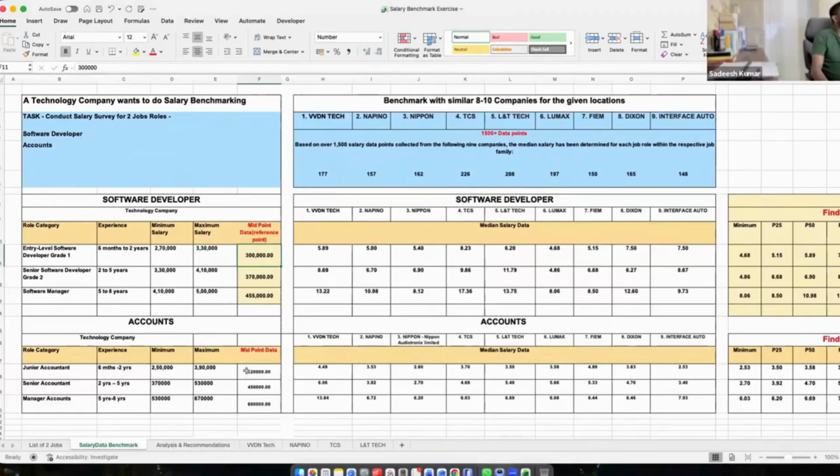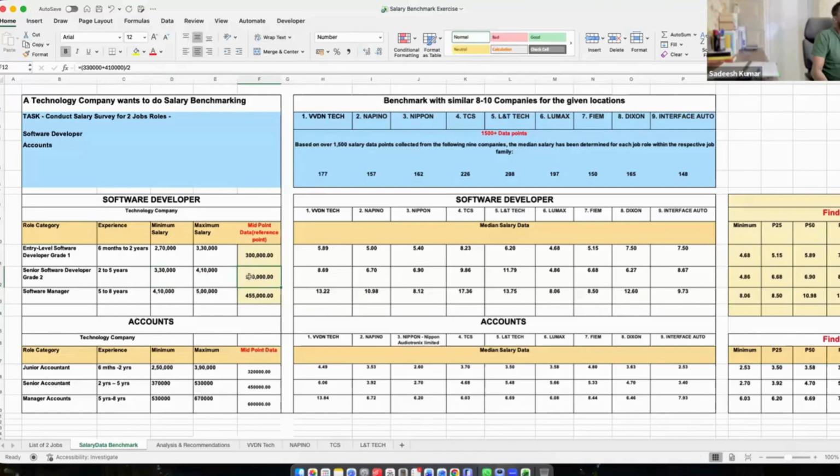The first step, what we have done here is we had the minimum and the maximum salaries of these positions, and then we were to find out the midpoint. The midpoint was found by using a formula wherein we added up both these values and divided by 2.